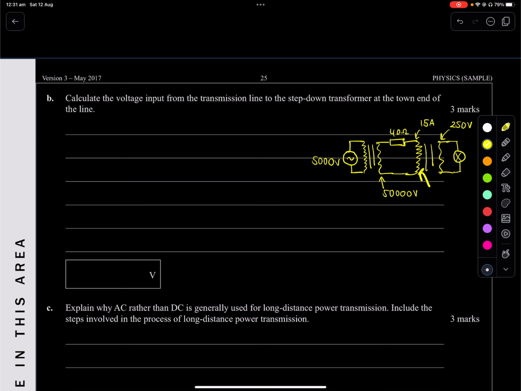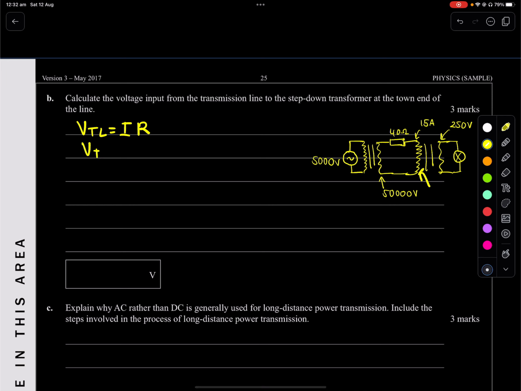Well, we know that the overall is 50,000 at that point. So let's calculate the voltage across the transmission line, TL. By Ohm's law, the formula is current times resistance.